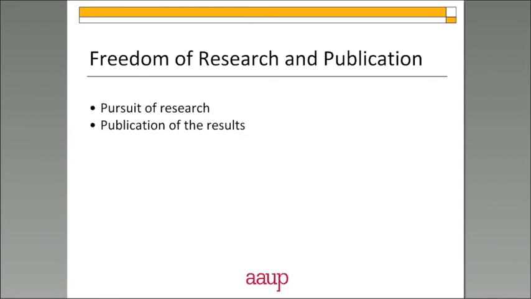Moving on to freedom of research and publication. That is typically just taken to be the freedom to pursue research and to publish the results of that research. Again, just as academic freedom in the classroom has certain kinds of limitations, freedom of research and publication have certain kinds of limitations as well, particularly professional ethics and disciplinary norms, including peer review.